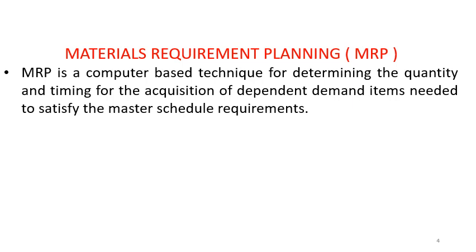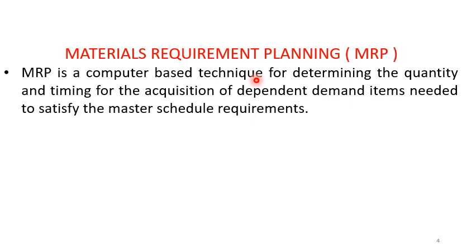So basically, what is MRP? MRP is a computer-based technique, a technique which makes use of computer for determining the quantity. It can be done manually also, but since there are so many materials involved in an organization, materials in the form of raw materials, work in progress, materials which are under process, materials which have come out of the processing unit, that is outputs.